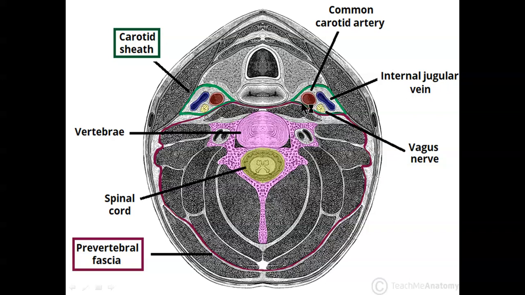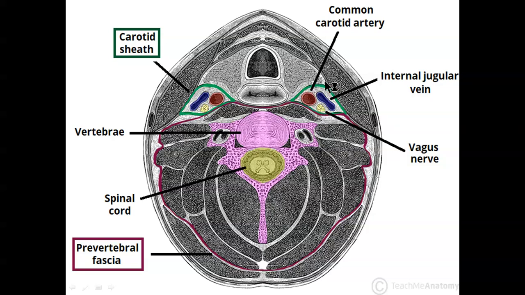Here we have the carotid sheath. Here we have the common carotid artery or internal carotid artery. Then we have the internal jugular vein laterally. So the question can be asked, which is the most lateral part of the carotid sheath? It's your internal jugular vein. The most posterior part would be your vagus nerve over here. Then outside, posterior to this carotid sheath, it would be your sympathetic chain bilaterally.